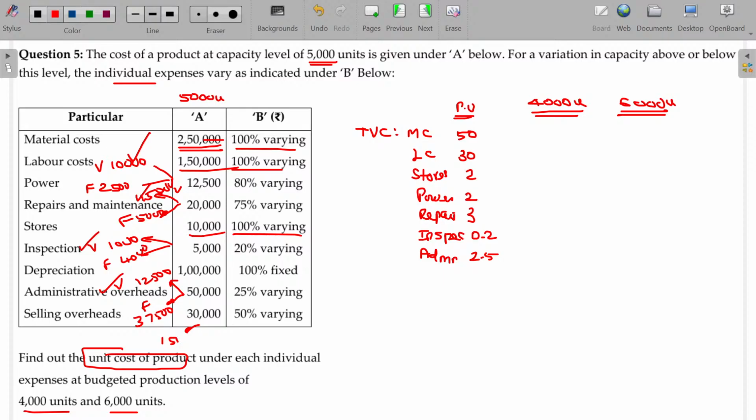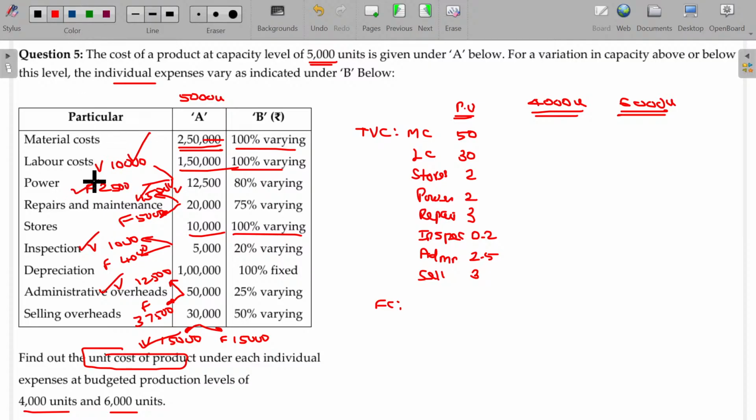Selling expenses 15,000 variable, another 15,000 being fixed. Okay, selling expenses 15,000 for 5,000 units, per unit being 3 rupees. Now go for the fixed cost.